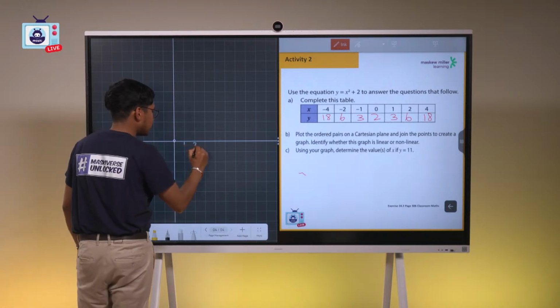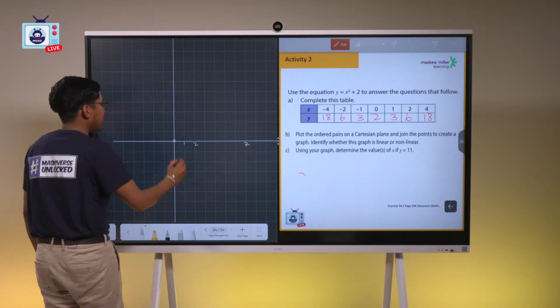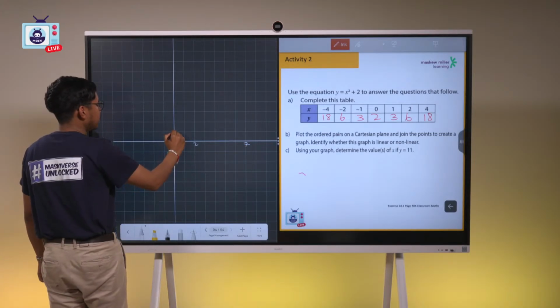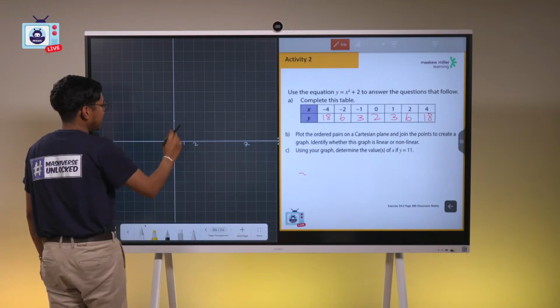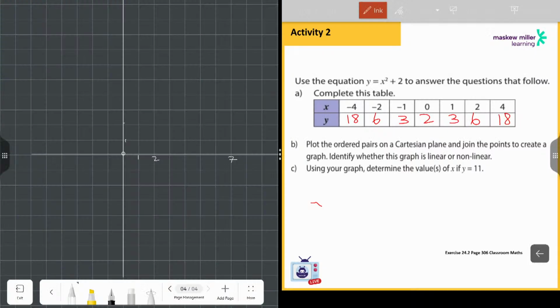So here I have 1, 2, 3, 4, 5, 6, 7. Okay, here I have 1, 2. In fact, I'm going to do this a bit different. Because I'm limited with space over here, I'm going to make this in intervals of 2. So I'm going to make 2, 4, 6, 8, 10, 12, 14, 16, 18.